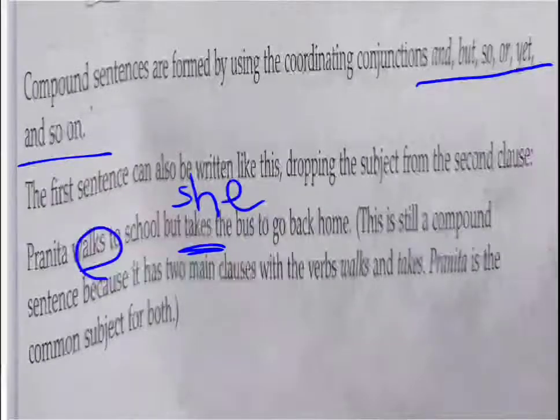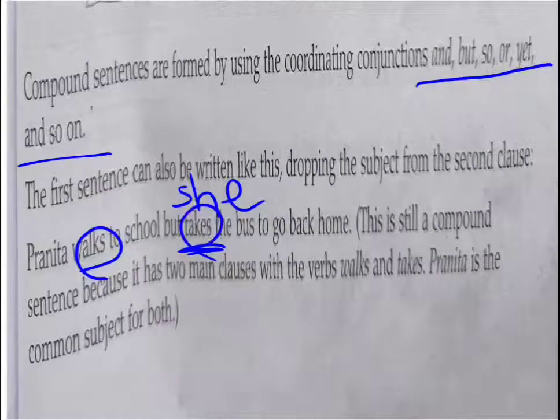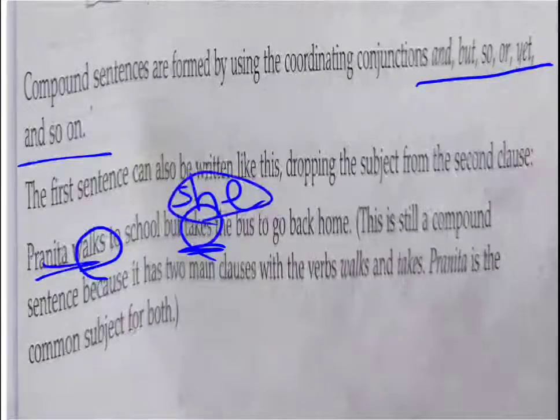Here which verb? Walks, and here takes. Pranita is the common subject for both, because here she is used for Pranita only. Understand, students? So here it's a common subject for both, but the actions of this one subject are different, walks and takes. So here are two clauses and both are independent. So both are main clauses.